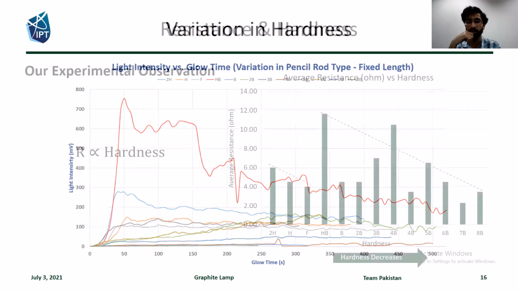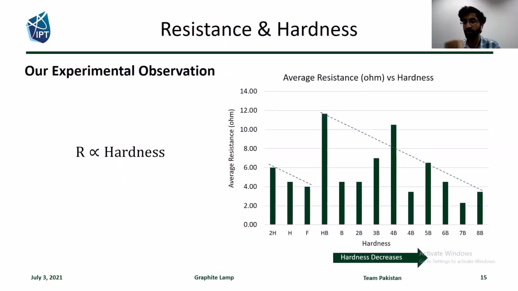Still, you can clearly see from the resistance here that we were not able to get that optimum resistance, and that resulted in less glow for those cases. So I can conclude that it's dependent on resistance. I had a high resistance for HP, and that coincided with my best pencil type, HP.